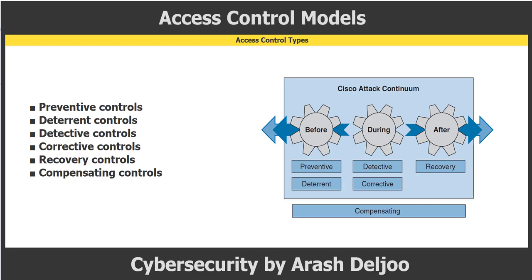Detective controls are very powerful while an attack is taking place, and they are useful in the post-mortem analysis to understand what has happened. Audit logs, intrusion detection systems, motion detection, and security information and event management are examples of detective controls.